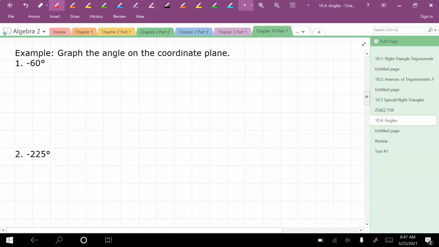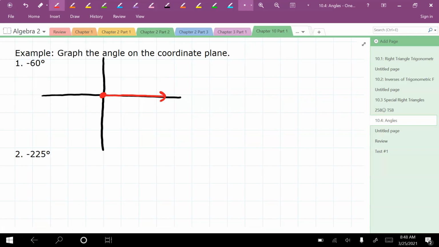So they just want us to graph the angle on the coordinate plane here. So draw that standard or that initial side. That's along the x-axis there. Now if I'm going negative 60, I have to go the opposite direction. So I'm not going counterclockwise, I'm going to be going clockwise.